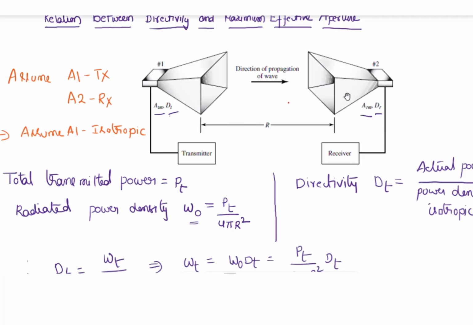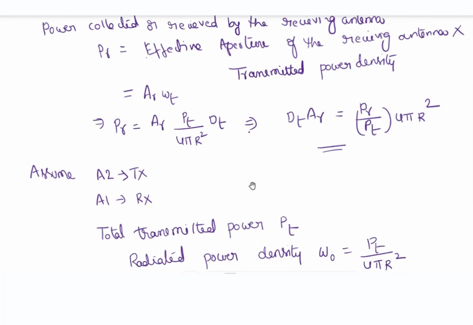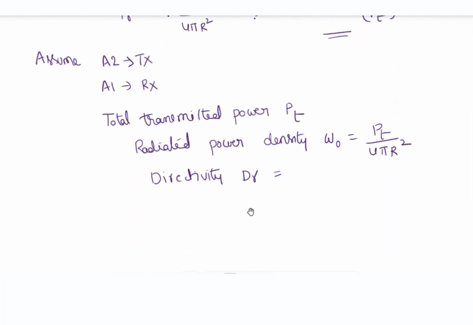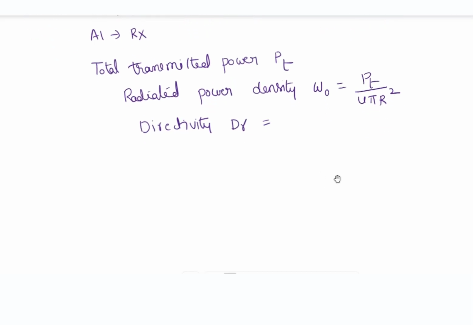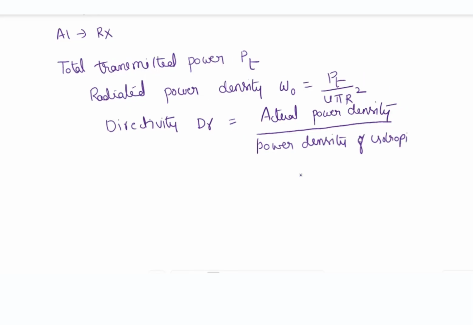The second case, antenna 2 as transmitting and antenna 1 as receiving. That's all. You should not change the values. So in that case, what is the directivity of antenna 2? Antenna 2's directivity is DR. So what is DR? Same: actual power density over power density of isotropic radiator.